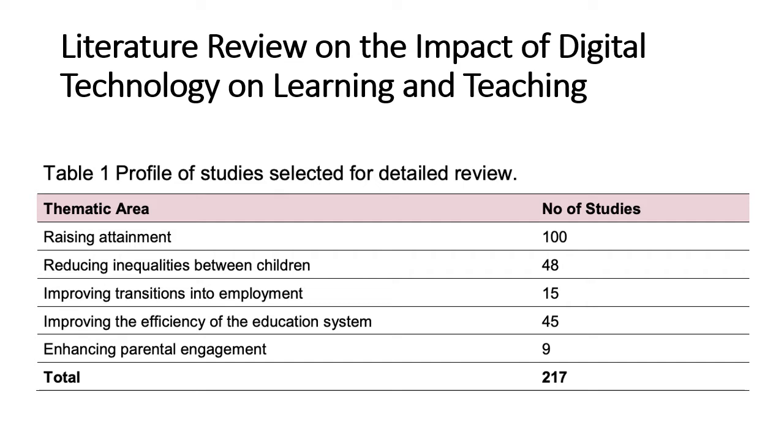It means that there are a lot of studies being conducted by researchers in the educational technology field that look into the impact towards students' learning outcomes. However, only 9 studies out of 217 studies look into the impact of digital technology towards enhancing parental engagement. So this is a very interesting figure if we can conclude it.